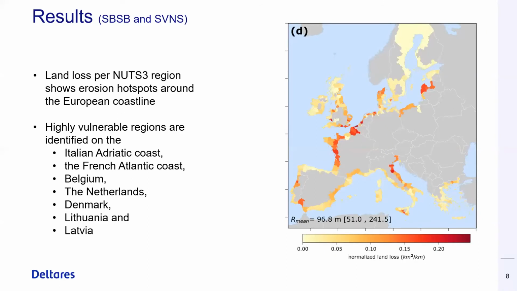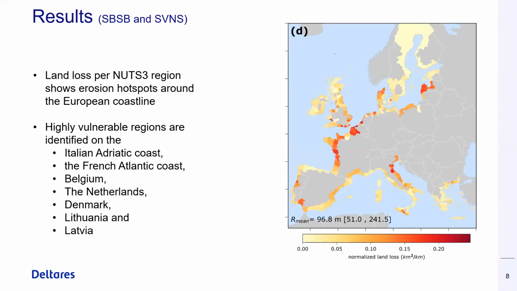When we take this land loss and we plot it at the regional level, so here you can see the NUTS 3 regions as defined by Eurostat along the European coastline, it's even more relevant for coastal zone management, and it's easier to identify local hotspots of areas that are more vulnerable to this shoreline retreat due to sea level rise.